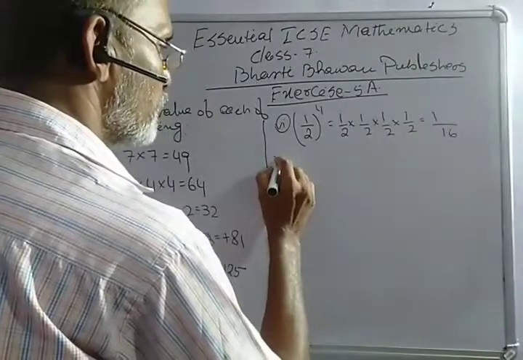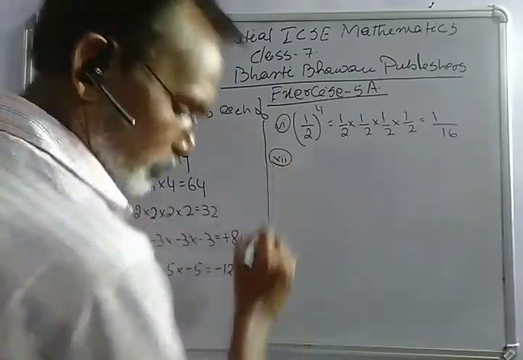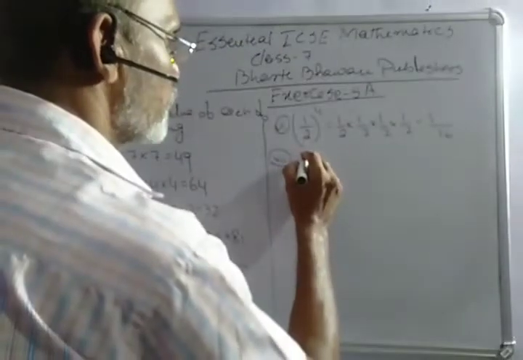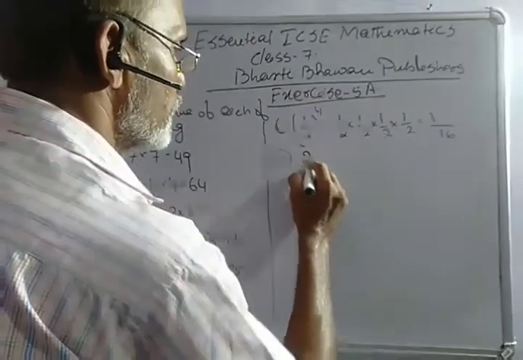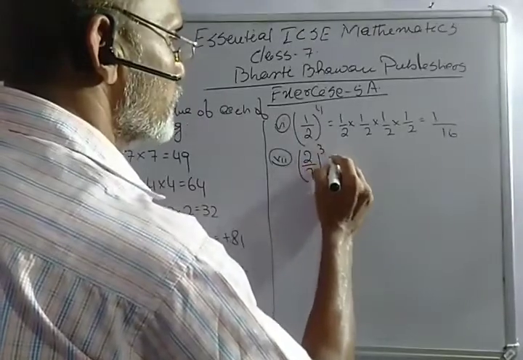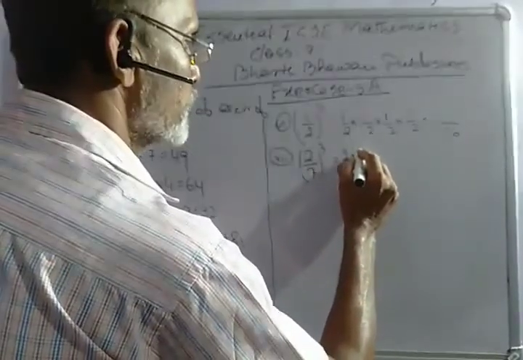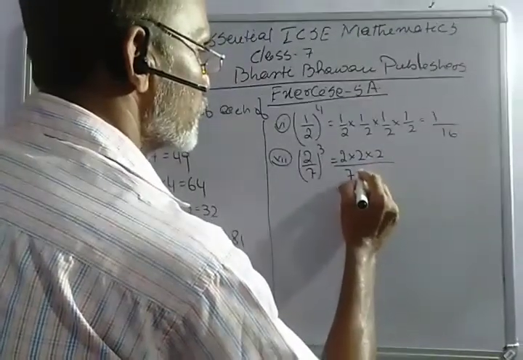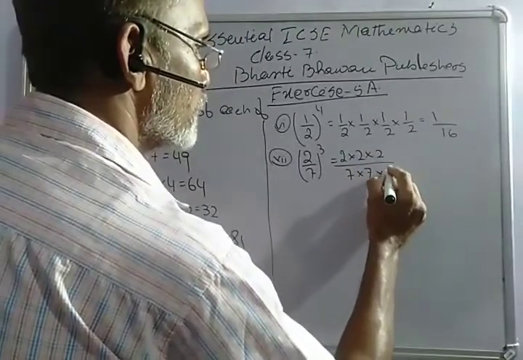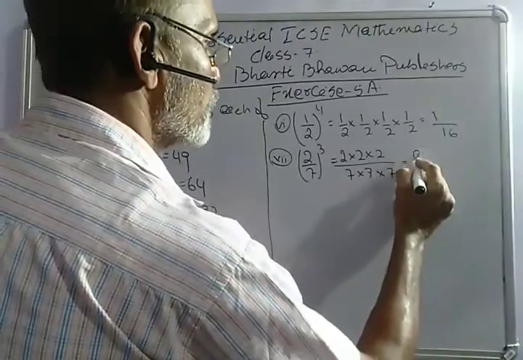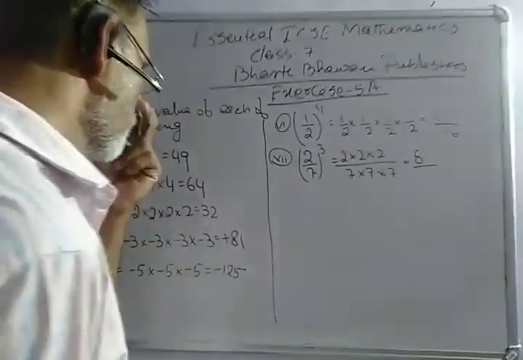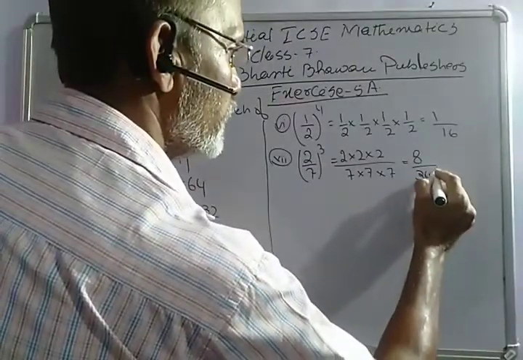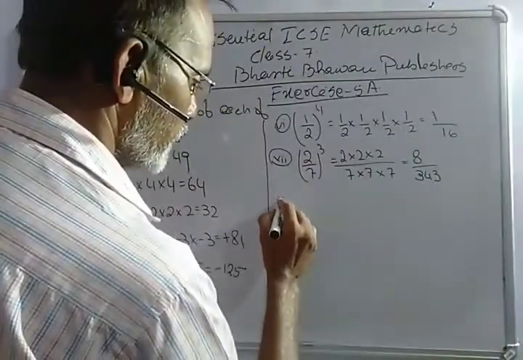Then number 7, that is 2 by 7 to the power 3. This is equal to 2 into 2 into 2 by 7 into 7 into 7. So this is equal to 8 by 343.